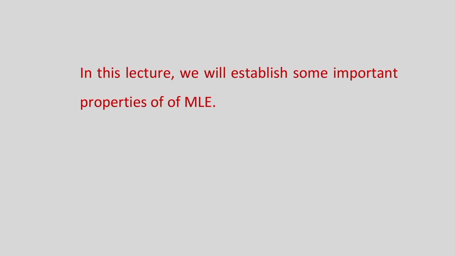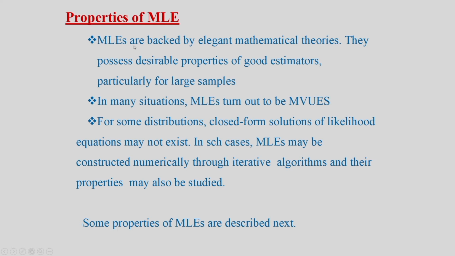We will now discuss some important properties of MLE. MLEs are backed by elegant mathematical theories. They possess desirable properties of good estimators, particularly for large samples. In many situations, the MLE turns out to be an MVUE, a minimum variance unbiased estimator.